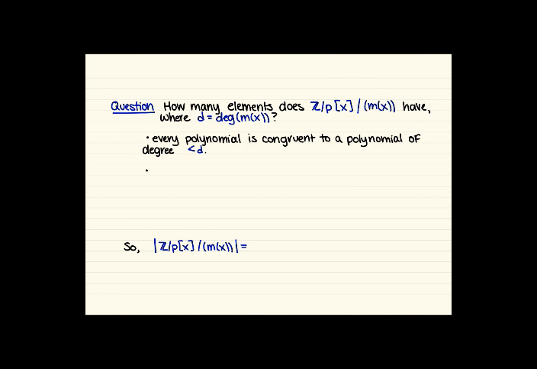elements. So the way we can count how many elements we have is by first considering that every polynomial is congruent to a polynomial of degree less than d. And next up, there are p choices for each coefficient.